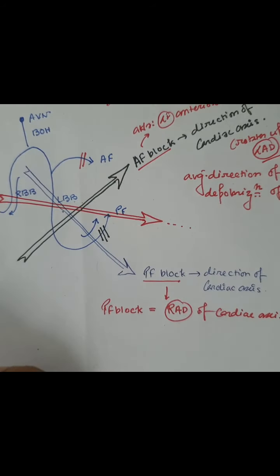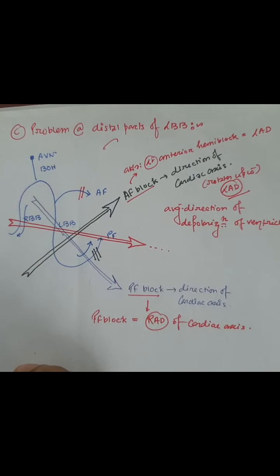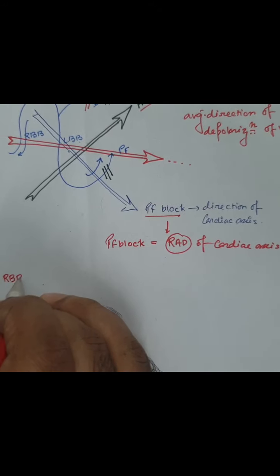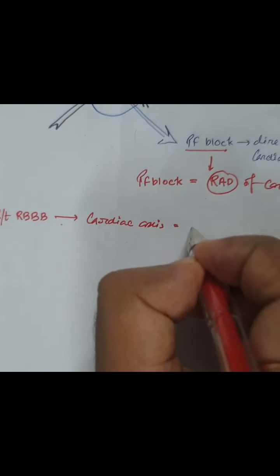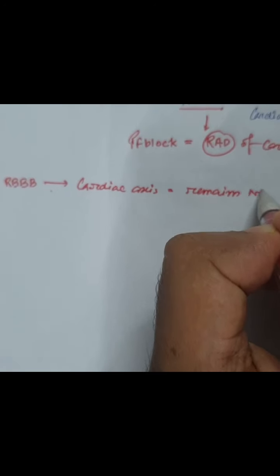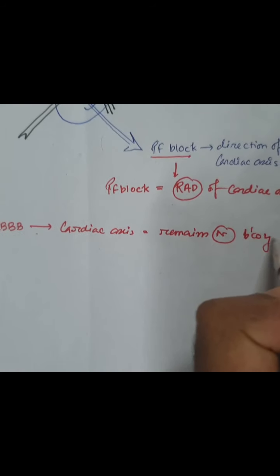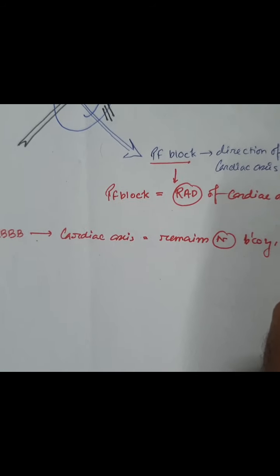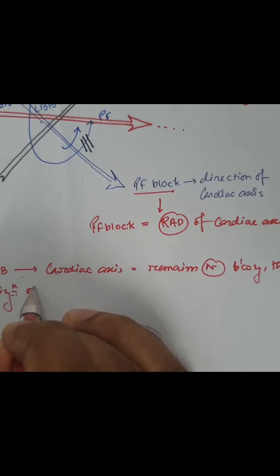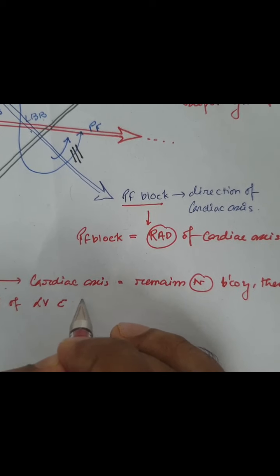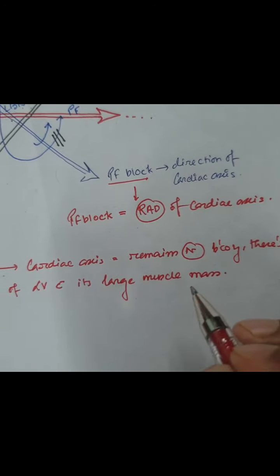Now, a very important point: due to right bundle branch block, the cardiac axis usually remains normal, because there is normal depolarization of the left ventricle with its large muscle mass.